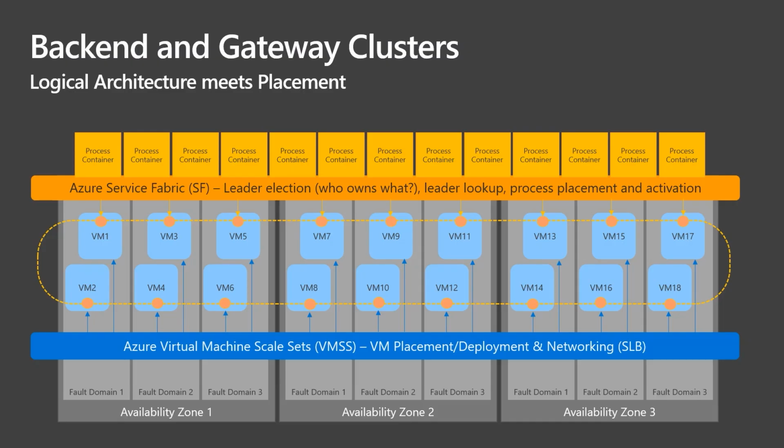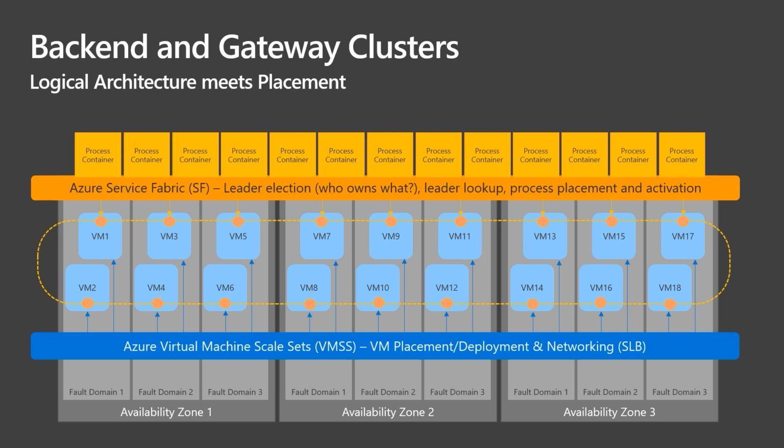This is how this works. The backend and gateway clusters are effectively a set of VMs that are placed into the data center by Azure Virtual Machine Scale Sets. So we tell a VMSS that we need a cluster of, say, 64 machines.